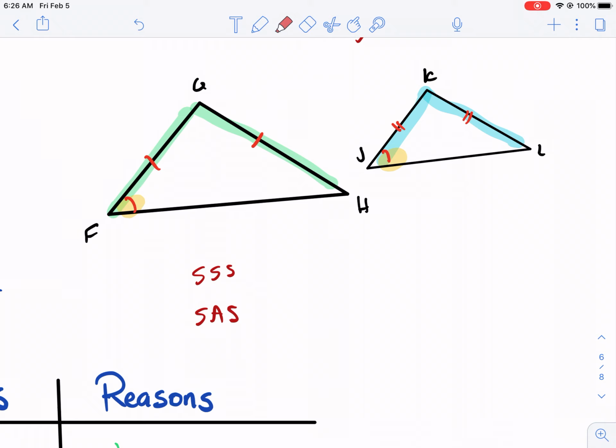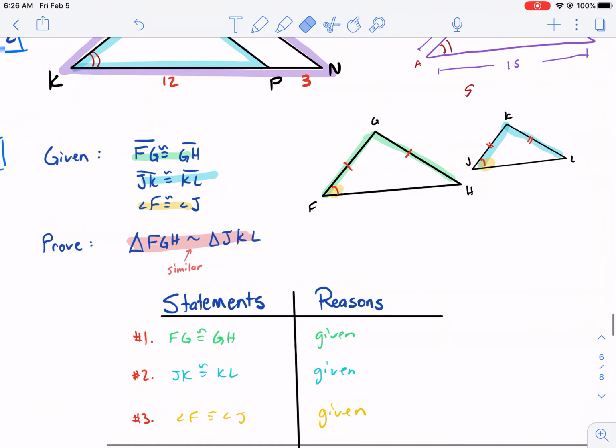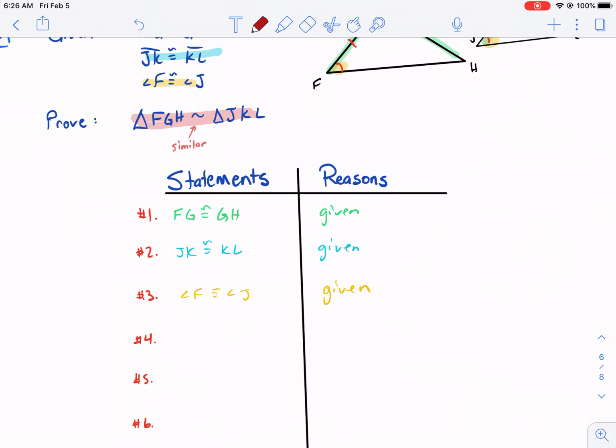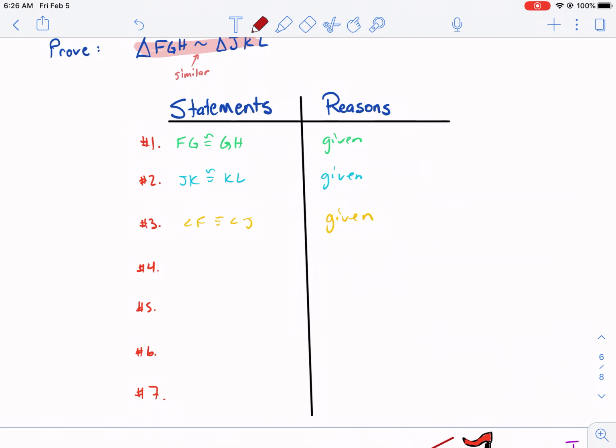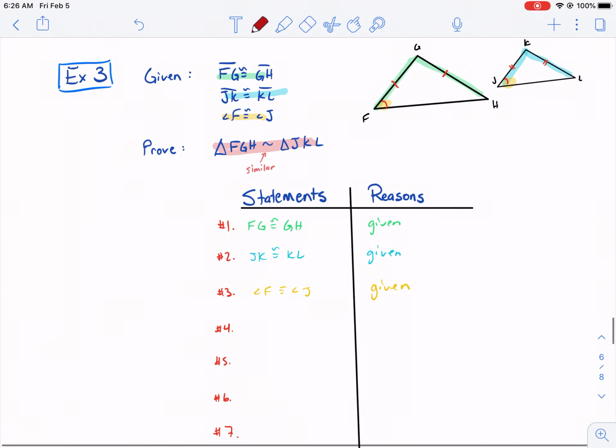Well, if we know that these two sides are congruent, what else do we know? Well, we know that they're isosceles triangles. Isosceles triangles. So let's think for a second. We can say triangle FGH and triangle JKL are isosceles.